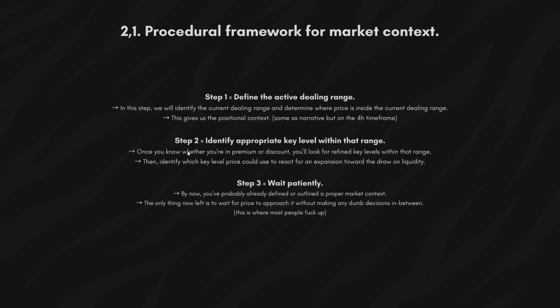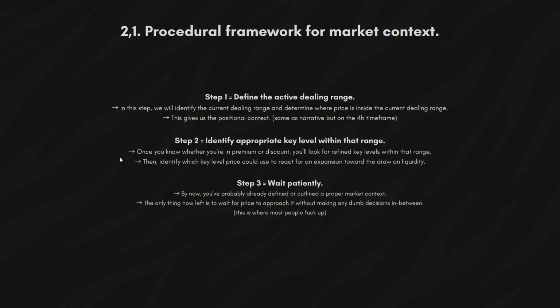In the second step, you will identify an appropriate key level along with a CRT within the dealing range, and then you will use them together to frame trades or frame executions on the lower time frame. Now we could have two scenarios here.